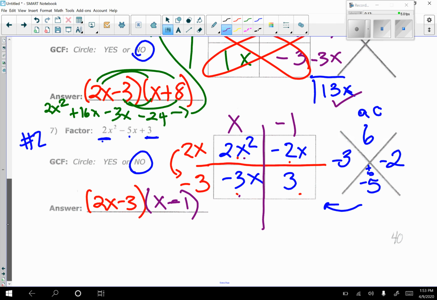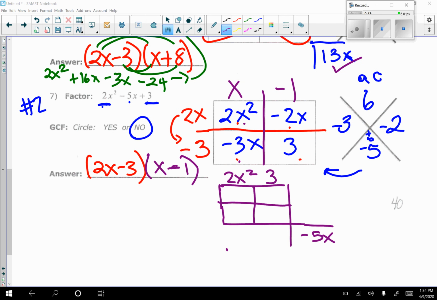All right, now I'm going to show you the other way. What if we wanted to do the other factor box? Okay, I'd set it up as 2x squared, negative 5x below, and 3 up there. ABC.